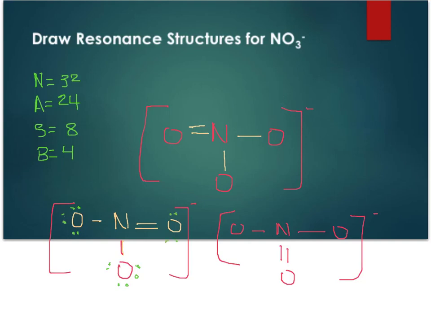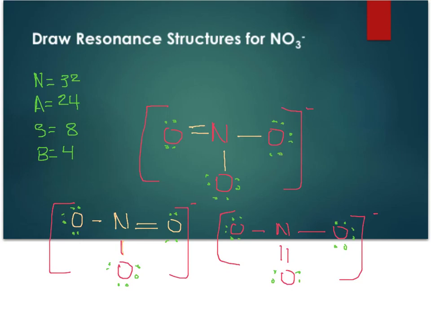And we only have 2 on this one, not so? Here we add the 3 lone pairs are 6 electrons. Here I'm going to add 2 because this one has a double bond. Here I'm going to add 3 lone pairs because it doesn't have the double bond. 3 lone pairs here. 2 lone pairs here. And 3 lone pairs here.